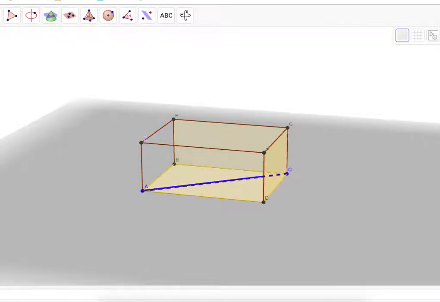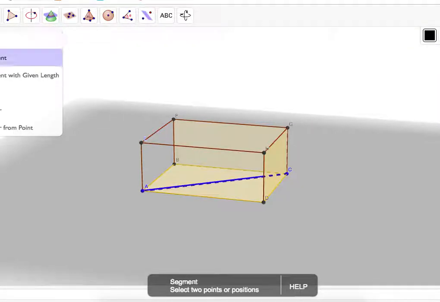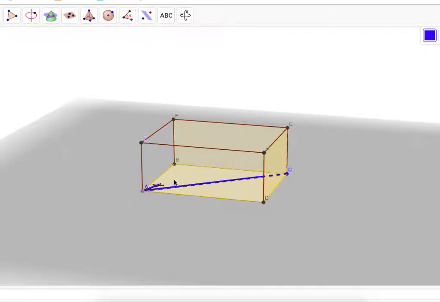I'm going to make a segment AG there. If I connect A and G, this is what we have.